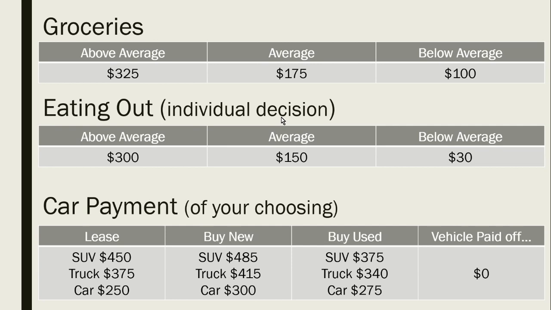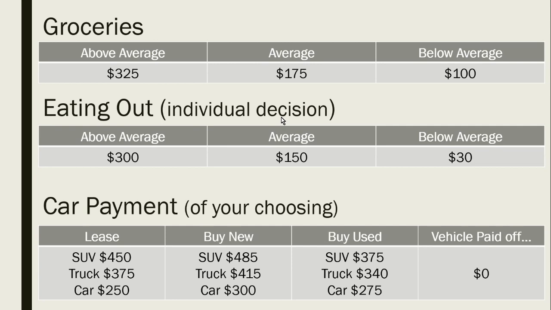So if you are a person who cooks all their meals, makes their lunches, makes all their food, you don't really ever go out, you might get a coffee randomly here and there, you even have your own coffee maker, Keurig at home, that's your $325 per month person. Okay?